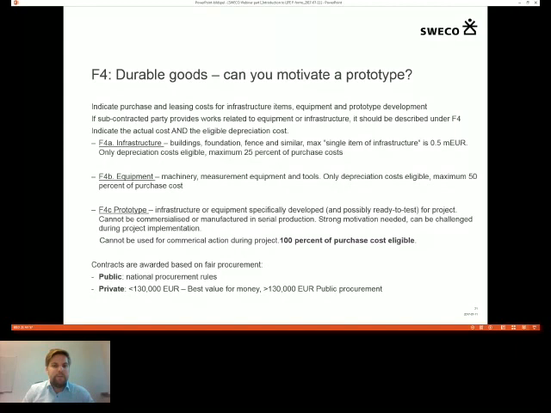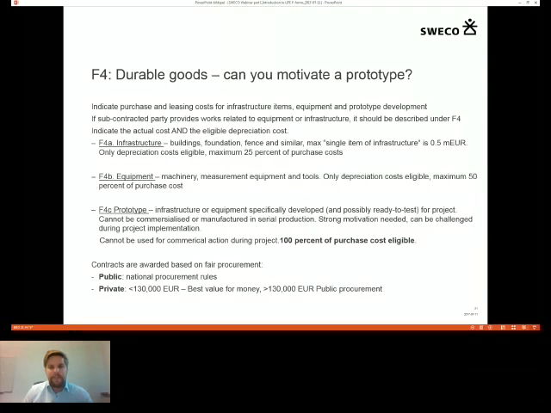And finally, what we would like to see more is prototype development. This means infrastructure and equipment that is specifically developed for the project.